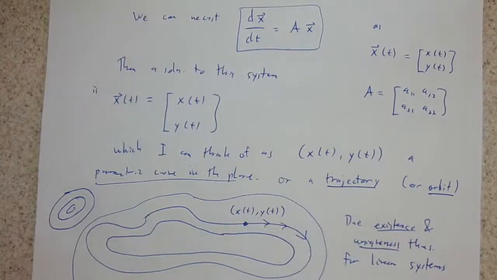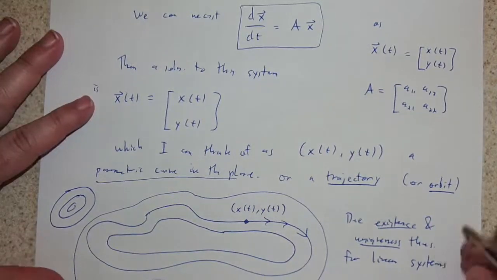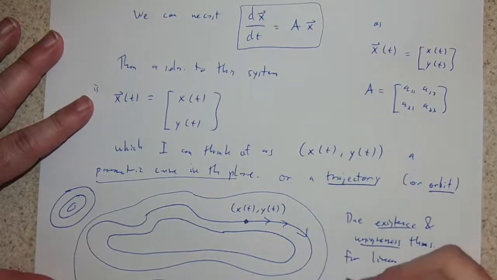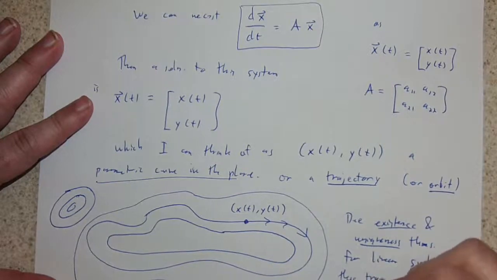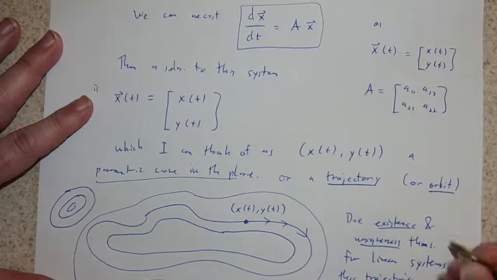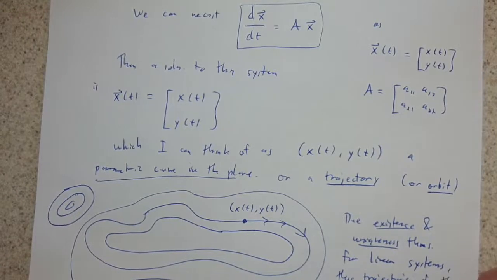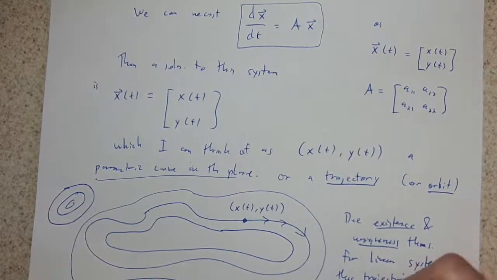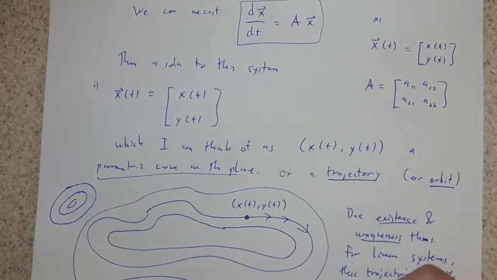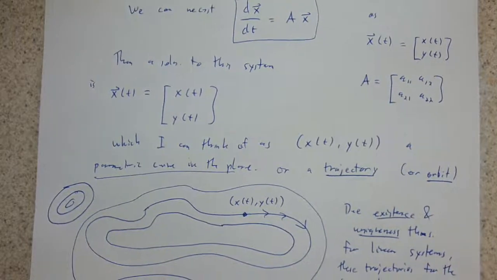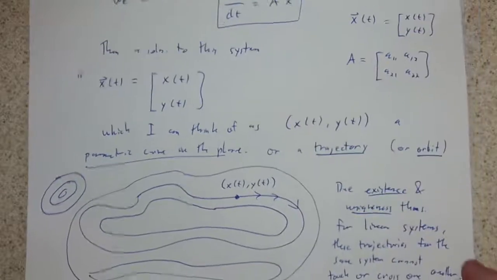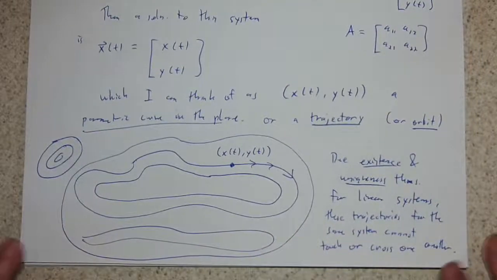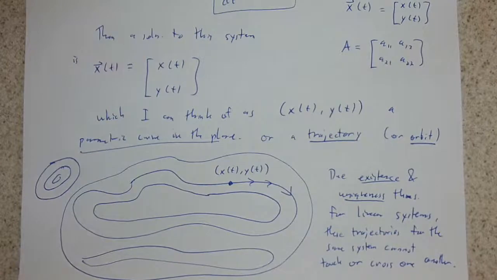But the very important thing is, due to existence and uniqueness theorems for linear systems, these trajectories for the same system cannot touch or cross one another. Again, this is due to uniqueness.